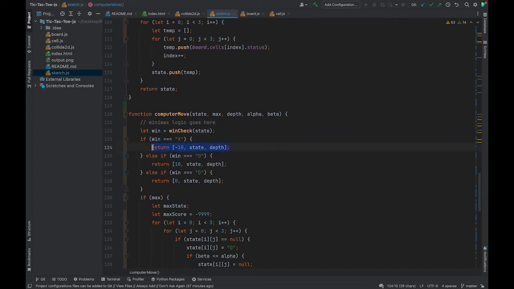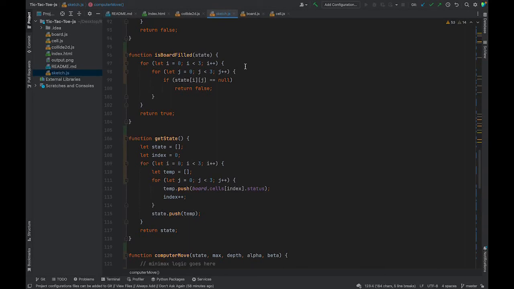This is the minimum criteria which is written by the minmax algorithm. If it's a draw, it's going to return 0, like here. If it's a win, it's going to return 10. If it's a loss, it's going to return -10, which is explained by Suya.